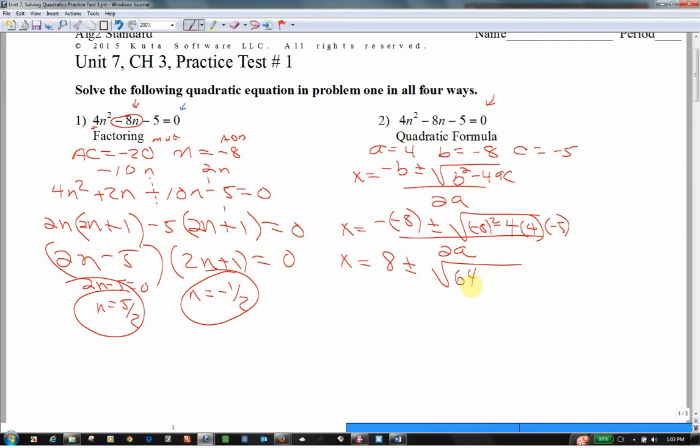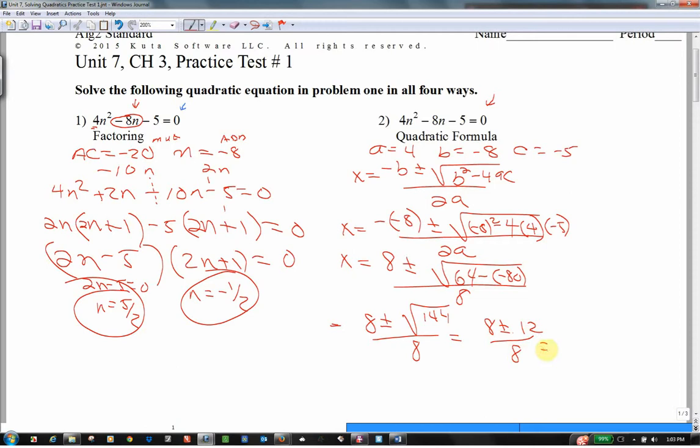A negative 20 times 4 is a negative 80, so it's 64 minus a negative 80, all over 2a, and a is 4, so that would be 8. 8 plus or minus the square root of 64 plus 80 is 144 all over 8. The square root of 144 is 12. 8 plus or minus 12 all over 8.